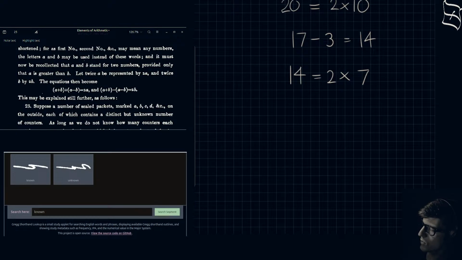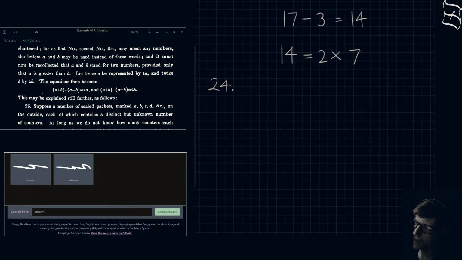So the takeaway from 24 is, actually, let's go ahead and change the ordering of this idea.